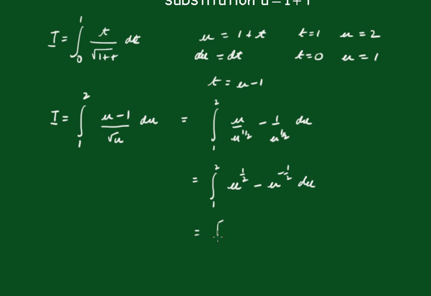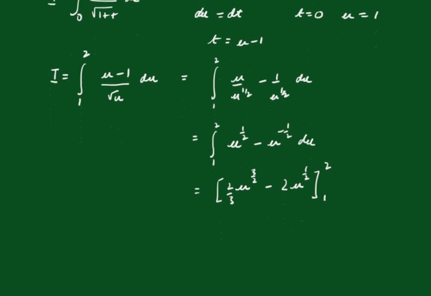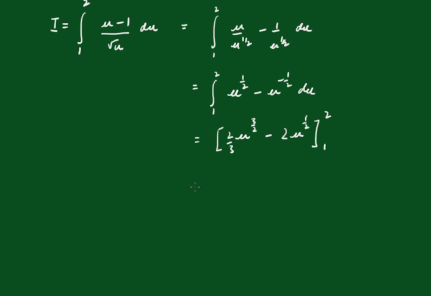And then when you integrate that, you're going to get u increased by 1, 3 over 2, over 3 over 2, which is really 2/3, minus u, add 1 to it, to the half over a half, which becomes 2, between 2 and 1. Now just be careful here, this part's a bit fiddly.